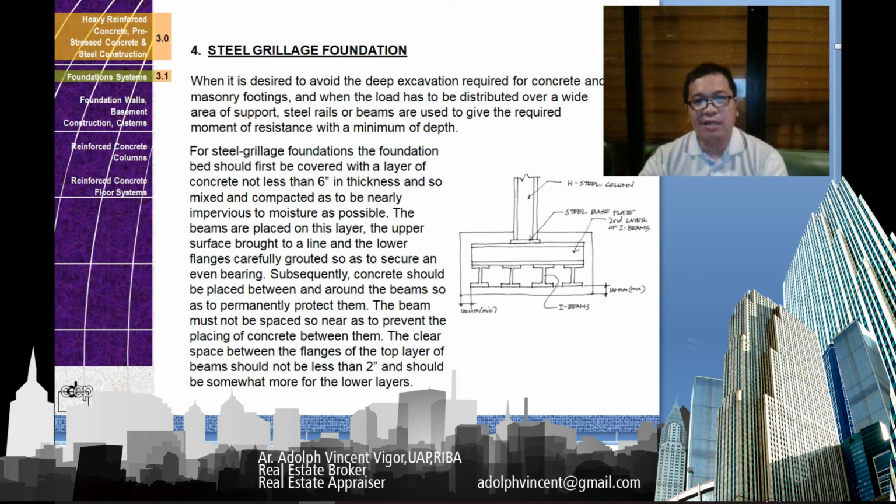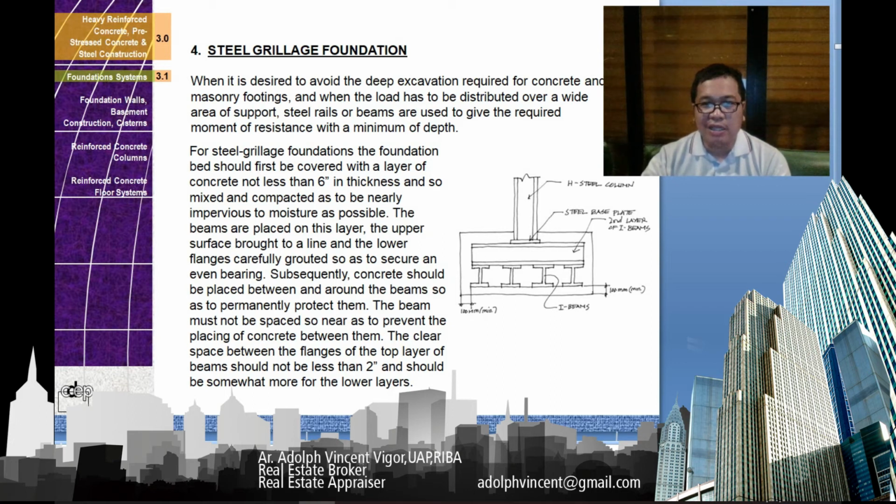For steel grillage foundations, the foundation bed should first be covered with a layer of concrete not less than 6 inches in thickness, mixed and compacted so as to be as nearly impervious to moisture as possible. The beams are placed on this layer, the upper surface brought to a line, and the lower flanges carefully grouted so as to secure an even bearing.